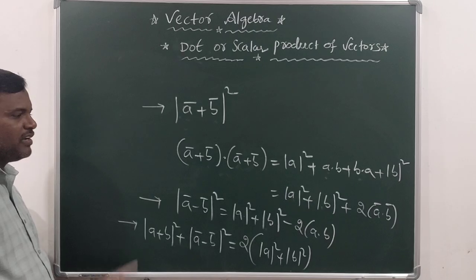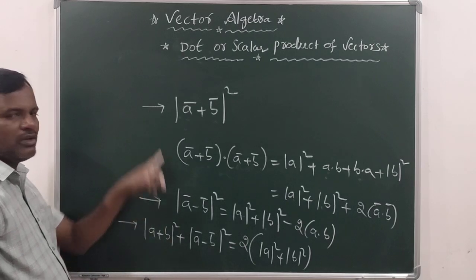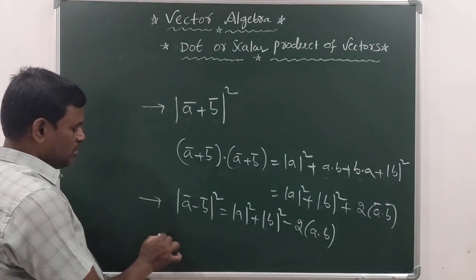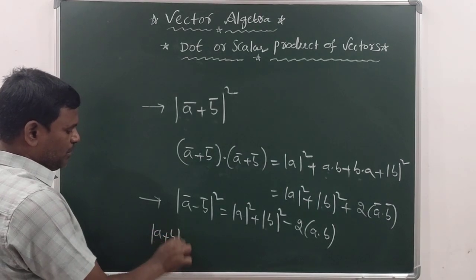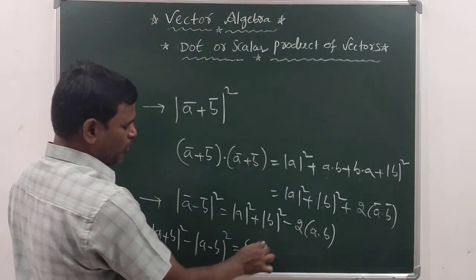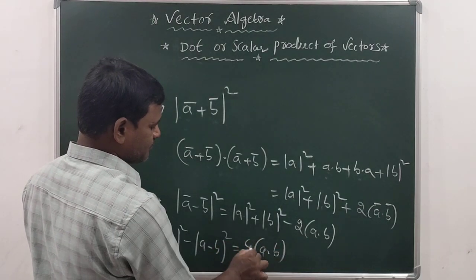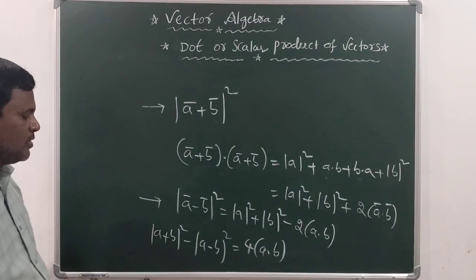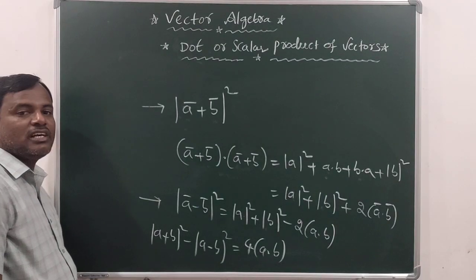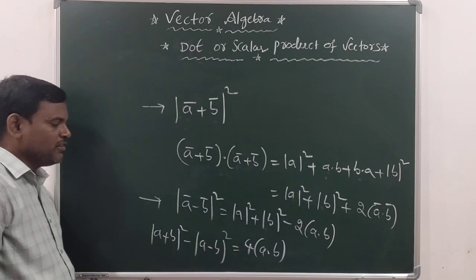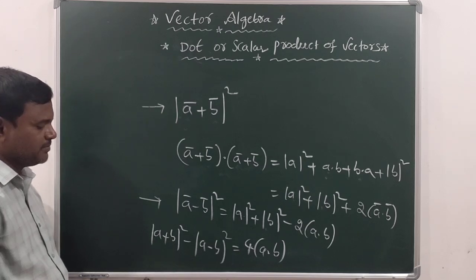Now take the difference of these two. If you take the difference of those two, what do you get? A plus B whole square minus A minus B whole square. You will get 4 into A dot B. Okay? Right. These are some standard useful formulas, which help you while doing the problems.